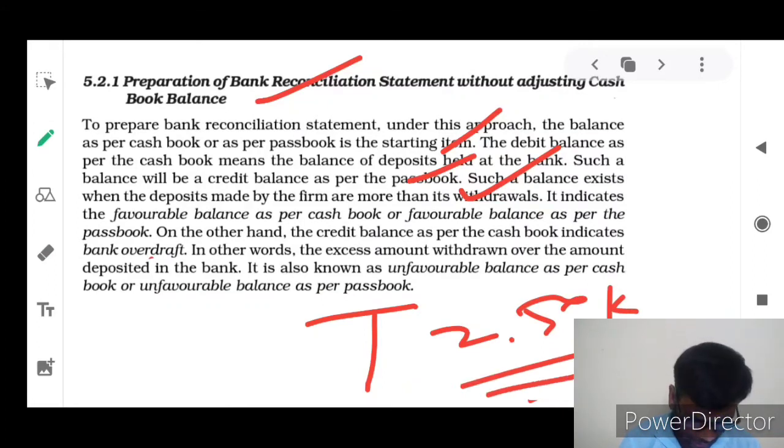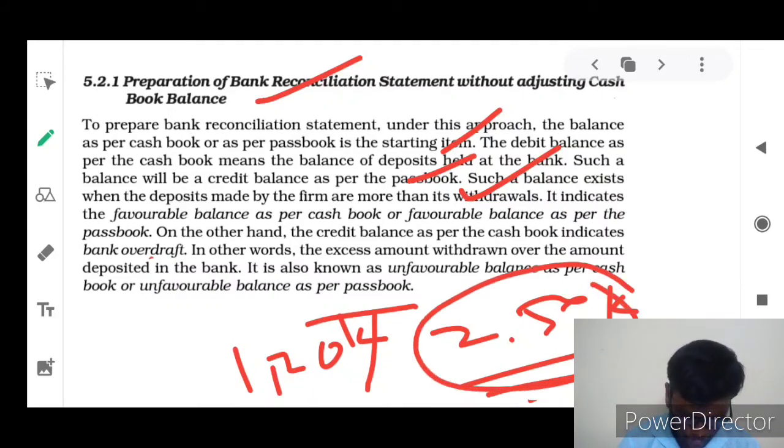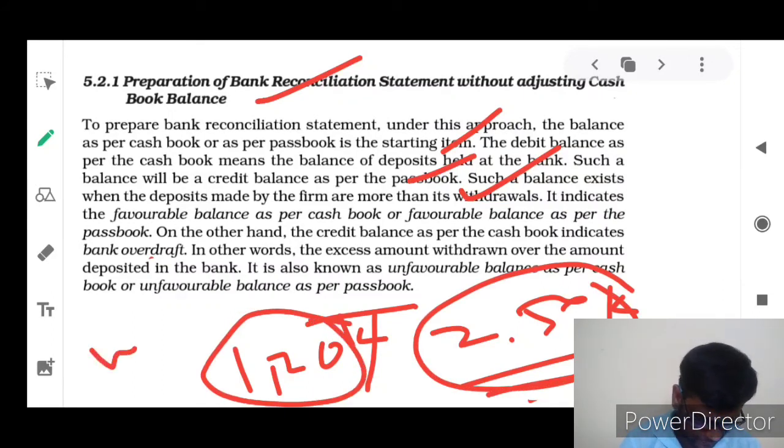But you want only 1,20,000 to buy the machinery. So in this situation, your available amount is more than your withdrawal amount.